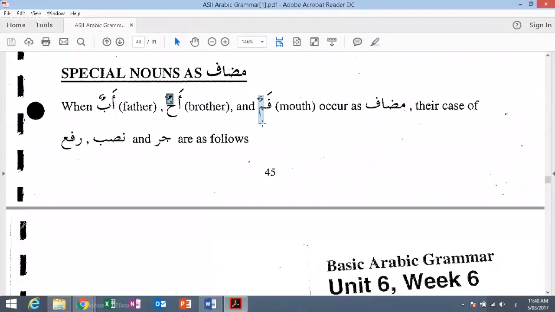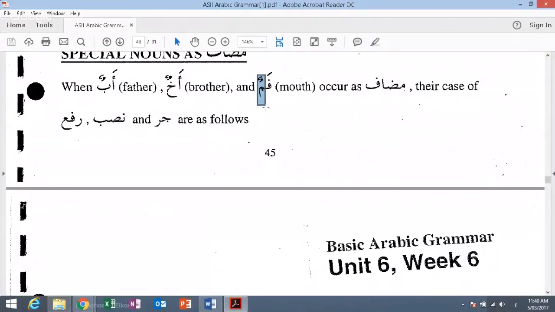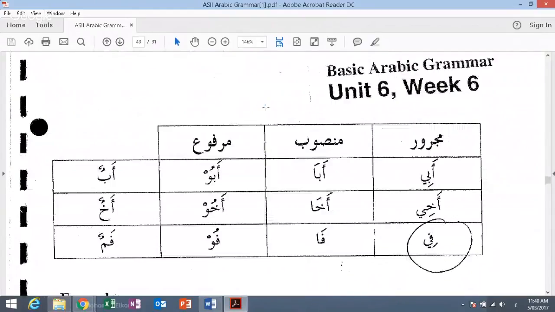Fa Alif, like this. Fa Hamidin, Hamid's mouth. Got it? And if it is Jarri case, that will be Abi Khalidin, Akhi Khalidin, Fi Hamidin. Understand this?